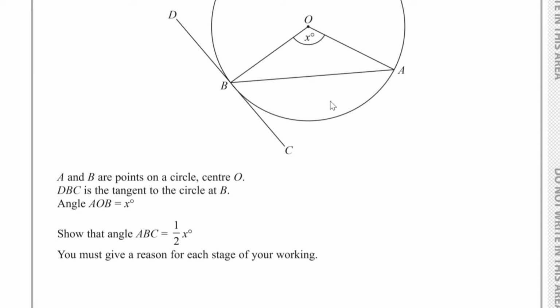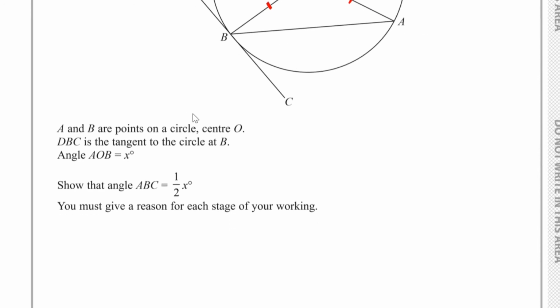Well, what we know so far is OA and OB are equal to each other. The reason for that is OA and OB are both radii.